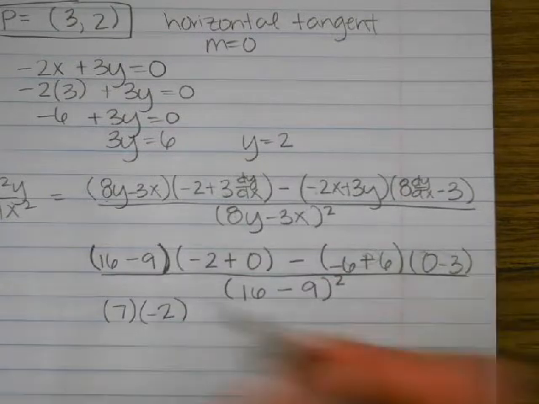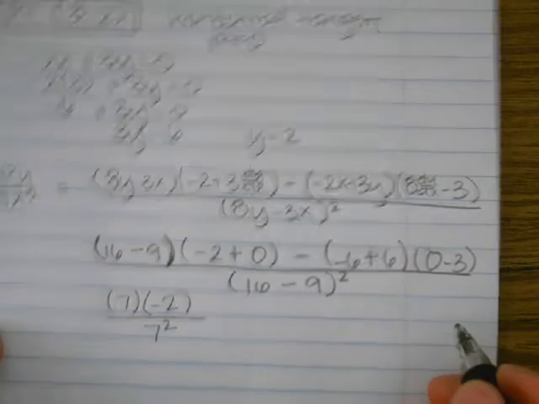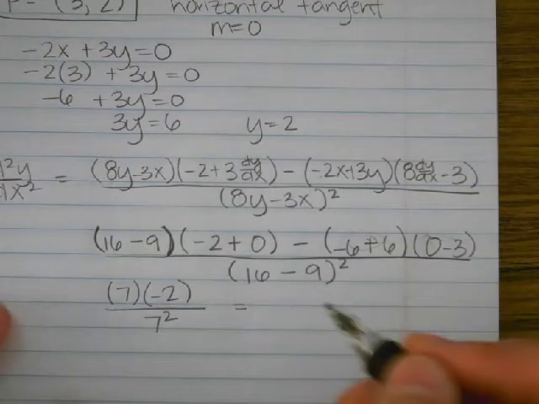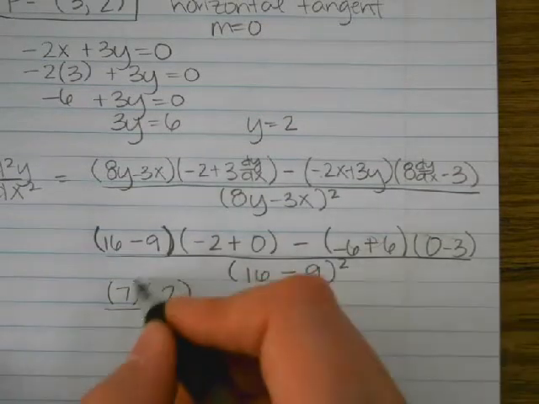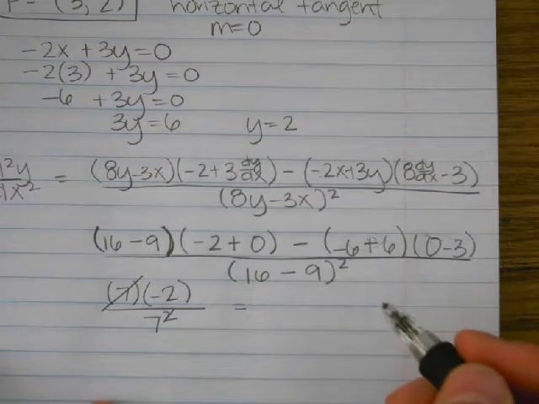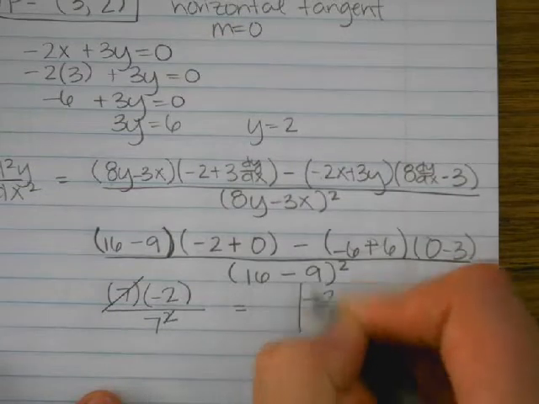And then on the bottom we got 7 squared. You can multiply and then simplify it if you want. I went ahead and said, oh, 7 on the top and one of the 7s on the bottom should cancel. And so you get negative 2/7.